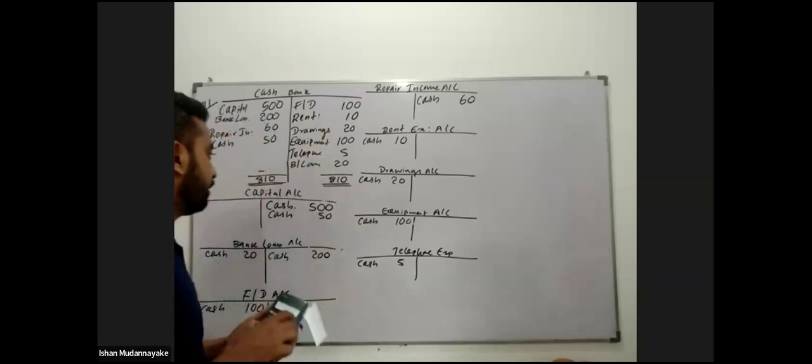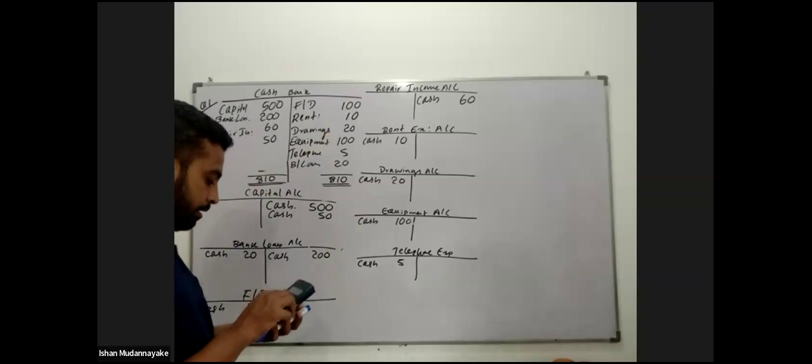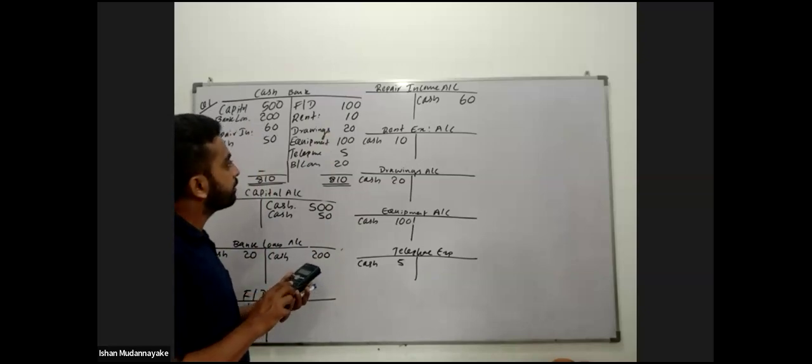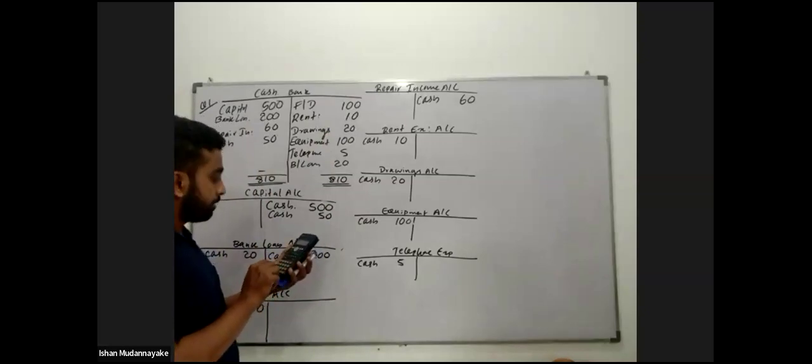Right, here, 810 minus 100, 10, 20, 100, 5 and 20.